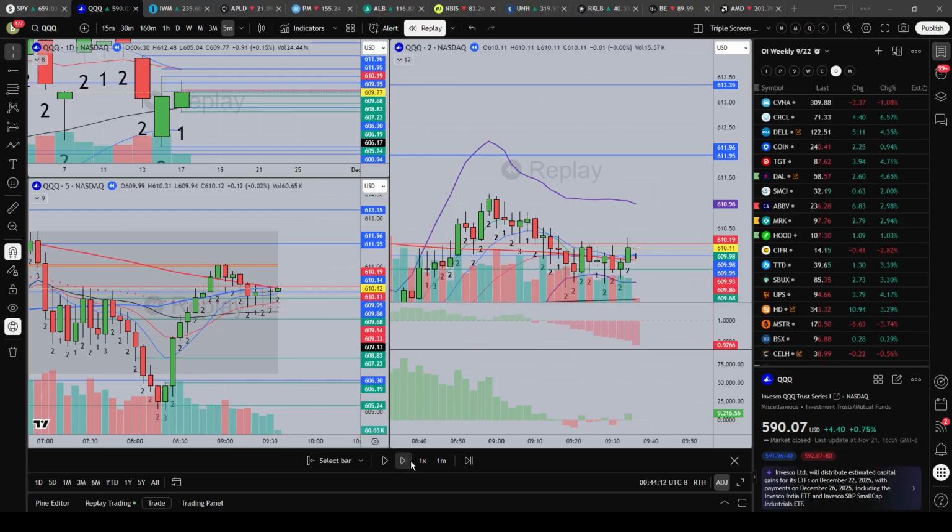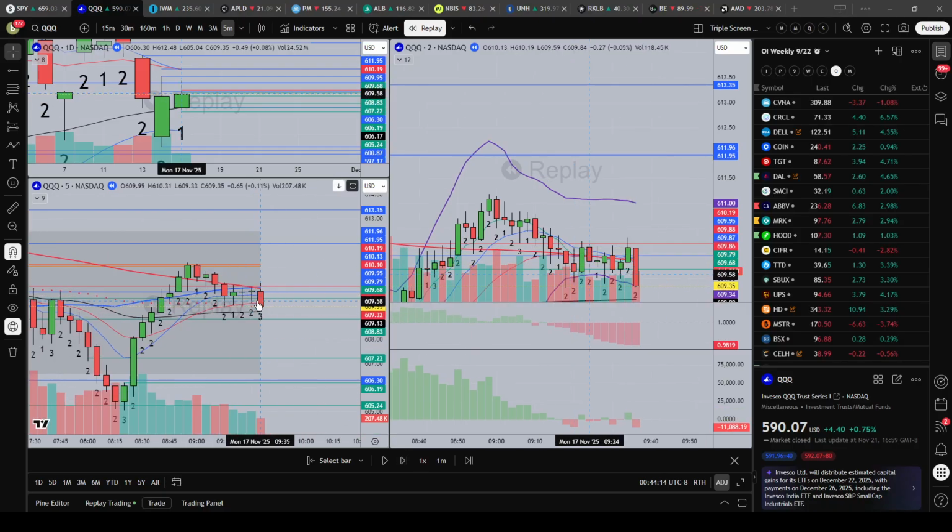It's just inside price action. You don't want to be in there. Okay. This candle right here is very important. Why is it very important? You see this kind of inside price action. You see how there was a 2 up at one point here.